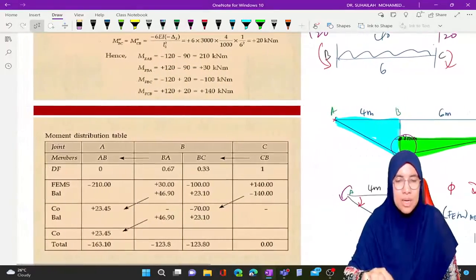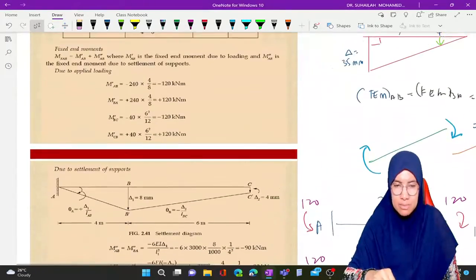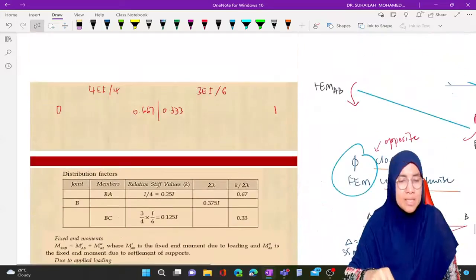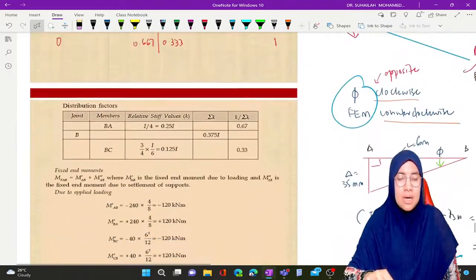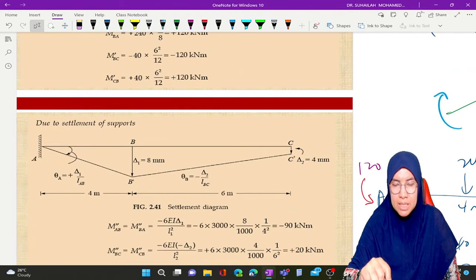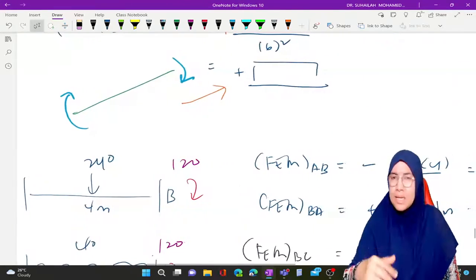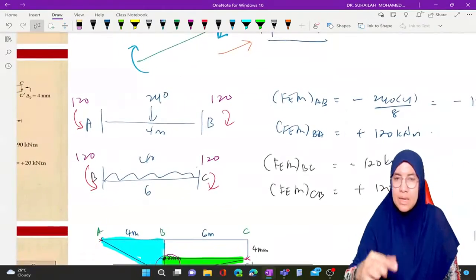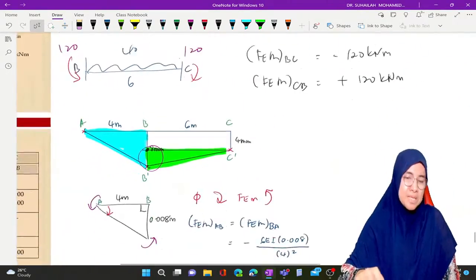In this exercise, the solution will be based on the formula of FEM considering end pin or end roller. I will do another solution and we will compare the answer.